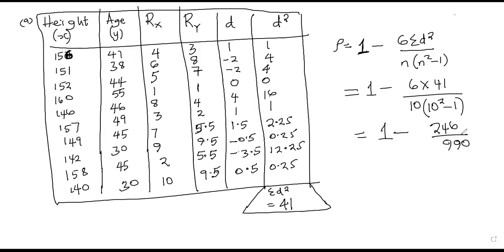So by calculating, this is going to be 0.7515. That is my rank correlation coefficient, rho. Interesting. Now, after getting this rho, they want us to comment.